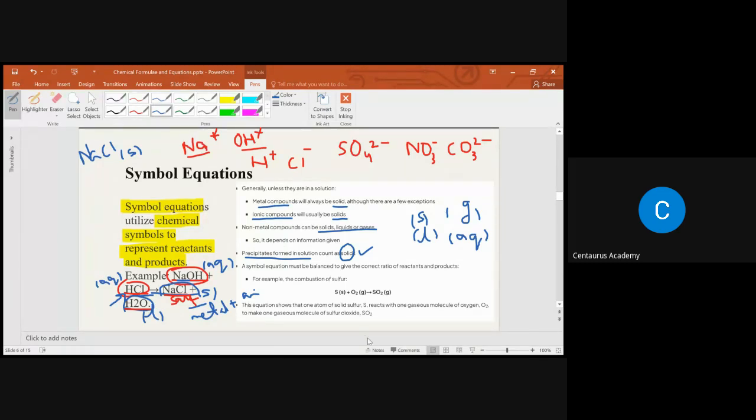What does combustion reaction mean? Combustion means, yes, anybody? A substance burning in oxygen to produce carbon dioxide. Burning in oxygen to produce, no, not carbon dioxide.